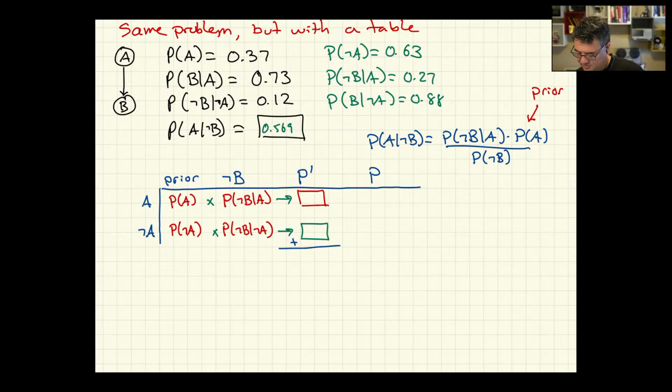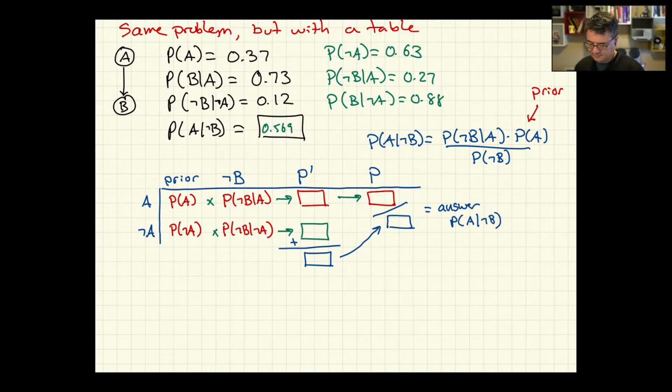I'm then going to add those two numbers together and get a third number. Okay, so this first number, I'm going to copy over to my P column, and then I'm going to divide that by that sum number, this one over here. And that's going to be my answer, which is the probability of A given not B. Okay, that's how you set up the table.